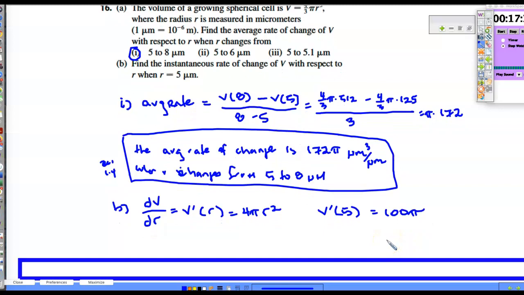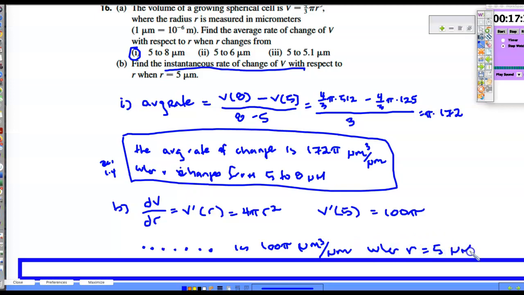And so again, the sentence conclusion: the instantaneous rate of change of V is 100 pi, again micrometers cubed per micrometer, when r is 5 micrometers.